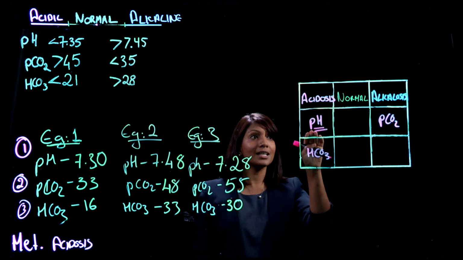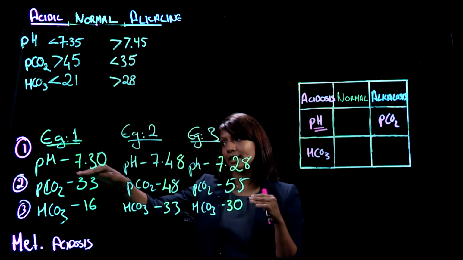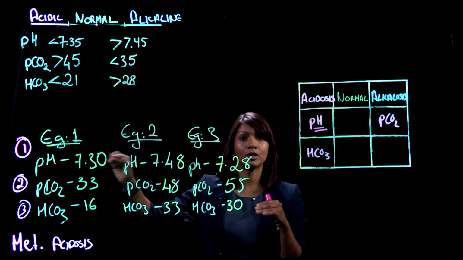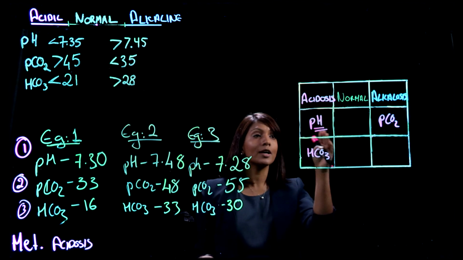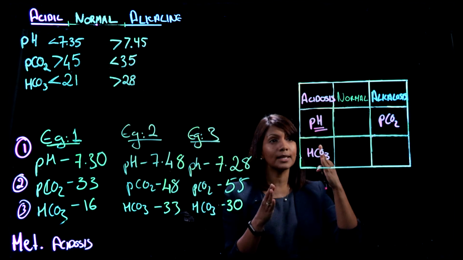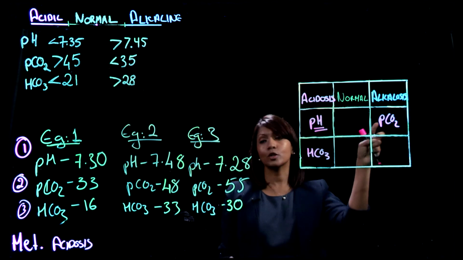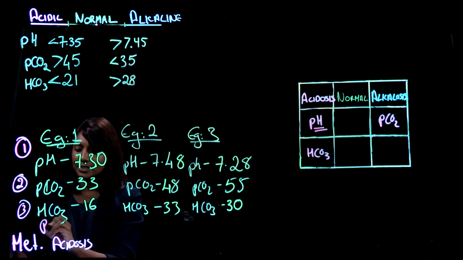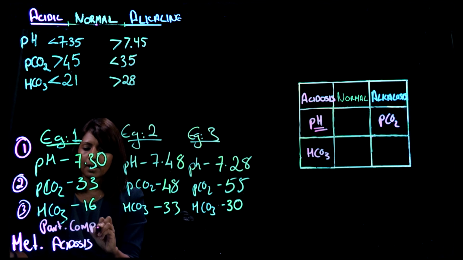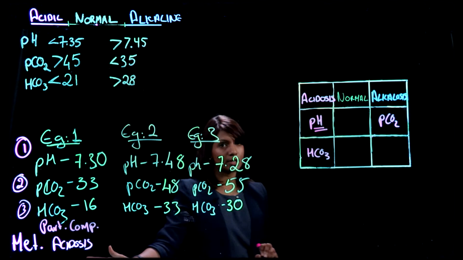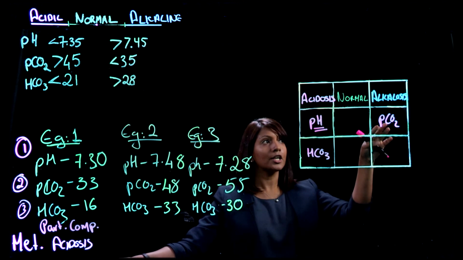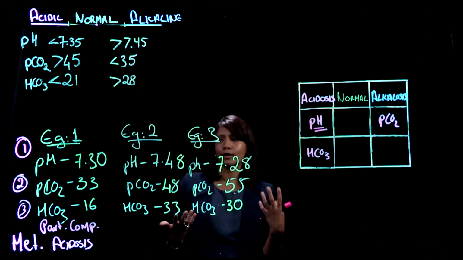However, the pH is still on the acidotic side. It's 7.3, still acidotic. Therefore, the compensation is not complete. It's only partial. It would be complete if the pH was normal. So this is partially compensated metabolic acidosis, and the compensation is occurring through respiratory alkalosis.